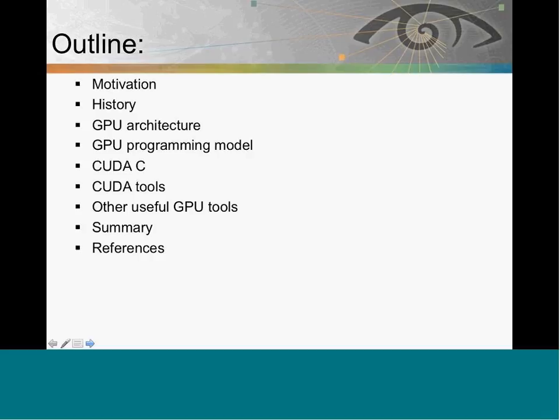After that, the GPU programming model, where we will introduce the architecture and the memory model for NVIDIA GPUs. I will run a CUDA example, showing how to write a simple CUDA example, and give some information about CUDA tools like the profiler, debugger, and some of the CUDA libraries which are available.